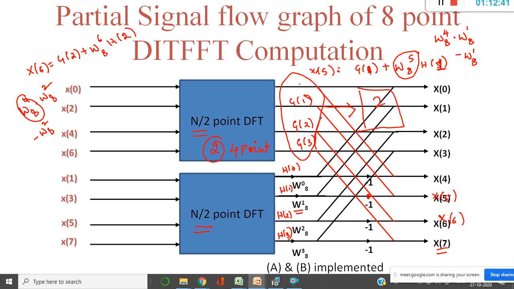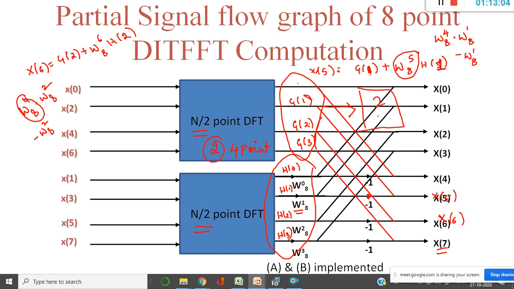What does it mean? Again divide that g of k into odd and even, and once again h of k, divide h of k into odd and even, so that here we applied 4-point DFT.